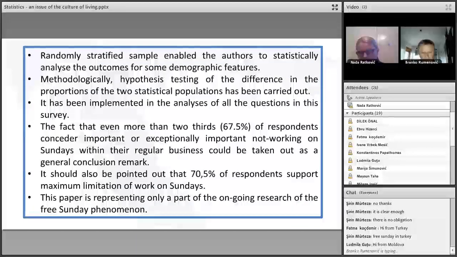Here is the methodology. A randomly stratified sample to statistically analyze the outcomes for some demographic features. It has been implemented in the analysis of all the questions in this survey.